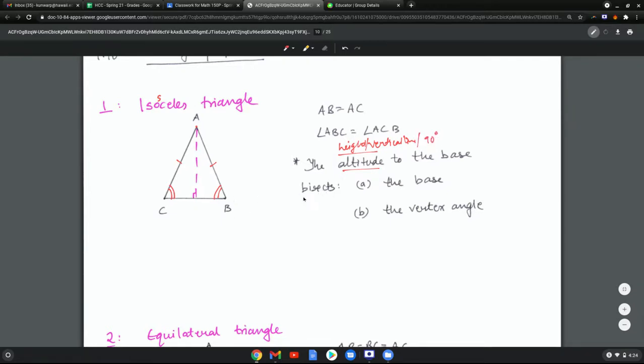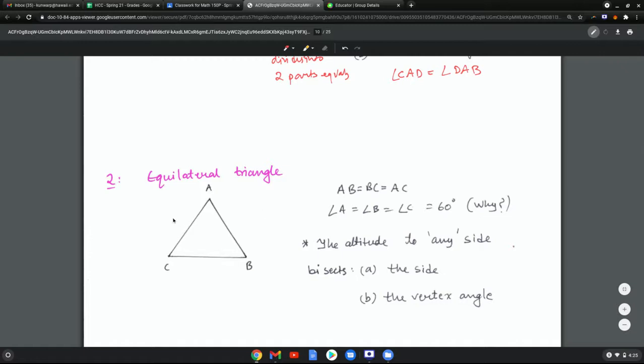And when this happens, it bisects, meaning divides into two parts equally, the base, meaning if this point is D, then you have that CD equals DB, and the vertex angle, meaning if you look at the angle CAD, it is going to equal the angle DAB.